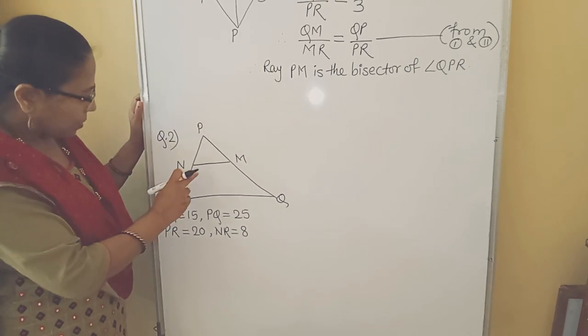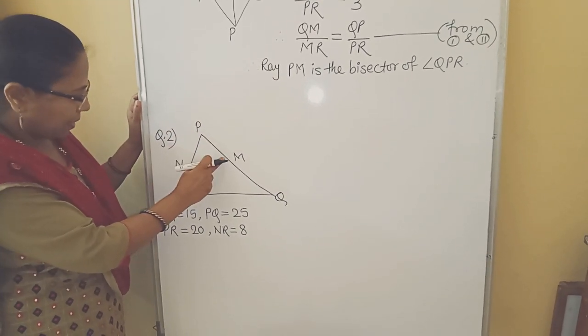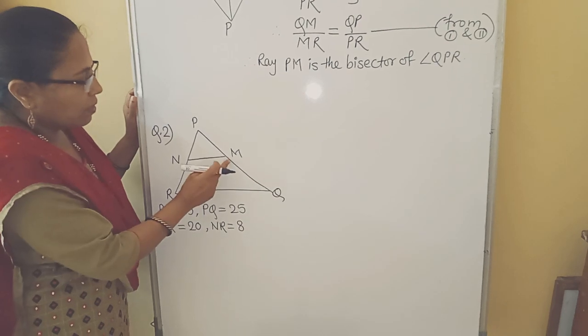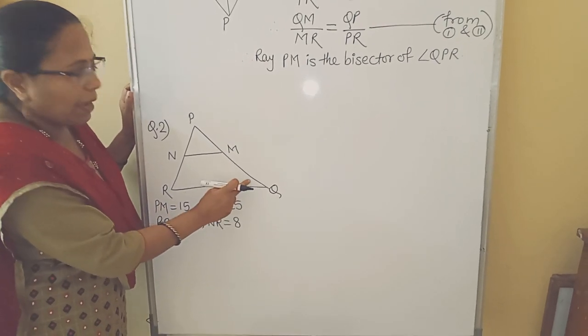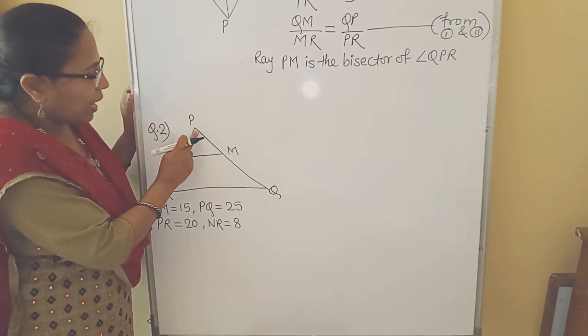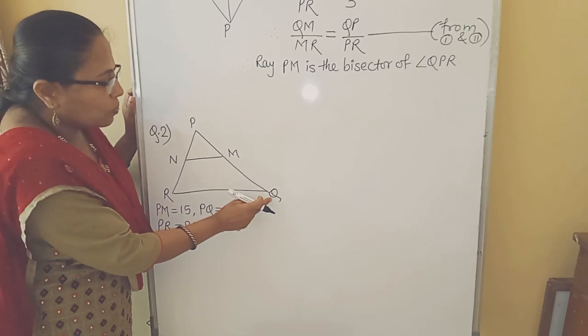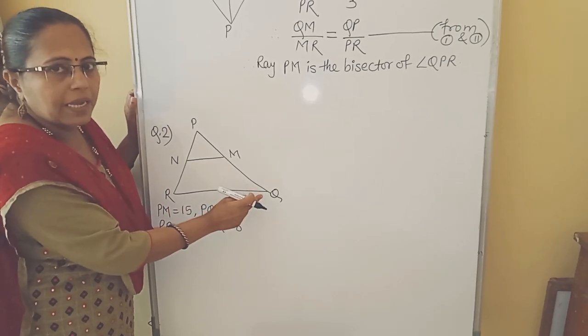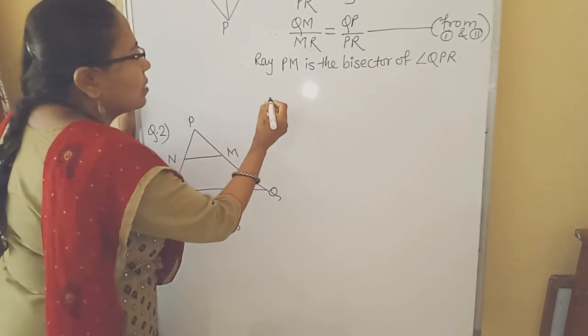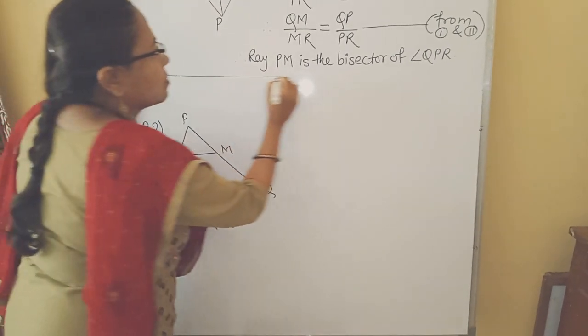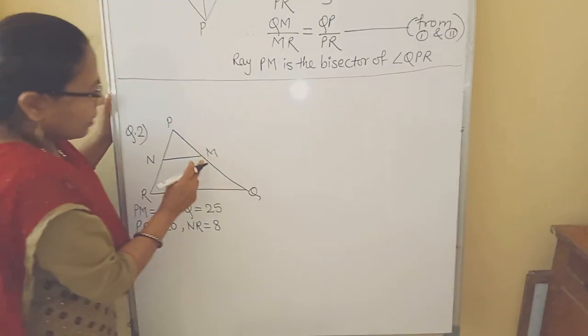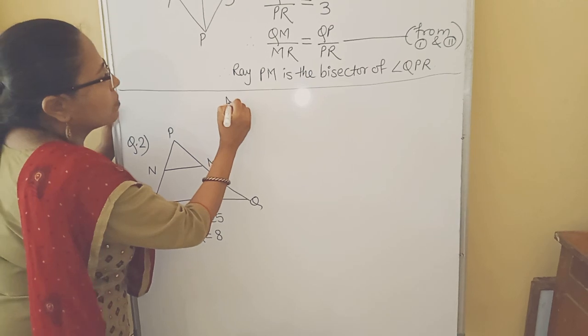Okay, student? So here PM is given and PQ is given. We have to find out MQ. So P, M, Q, these points are on the same line, so we will use betweenness. Using that betweenness, we can find out MQ.